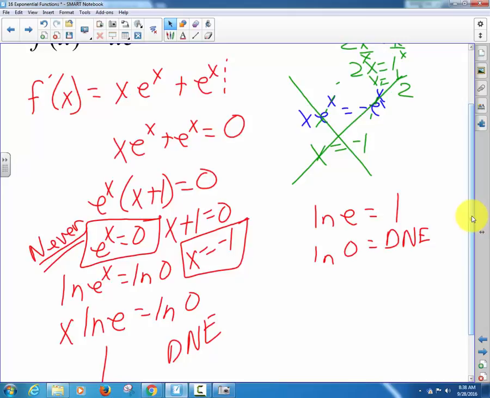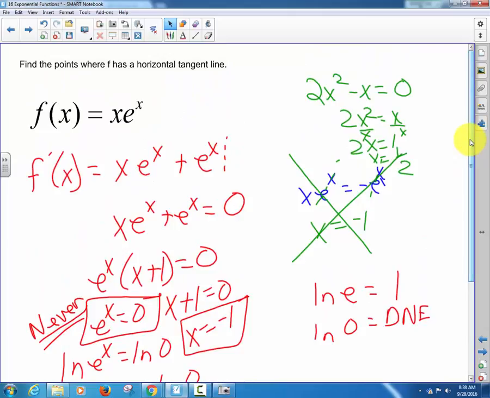Now, the most challenging thing for y'all with taking derivatives the rest of the way is forgetting things. A lot of times you're going to see this problem right here, and you're going to take the derivative of x and the derivative of e to the x and say the derivative is e to the x. Forget the product rule.